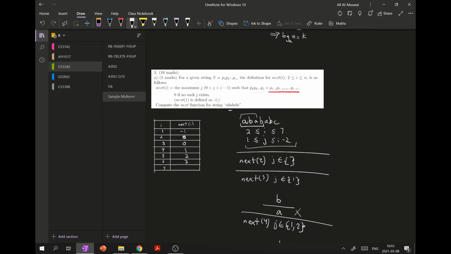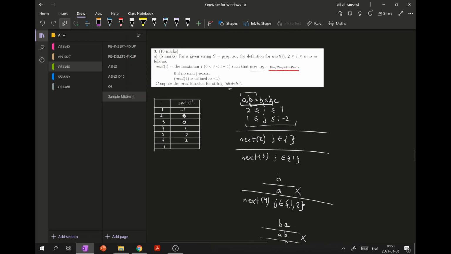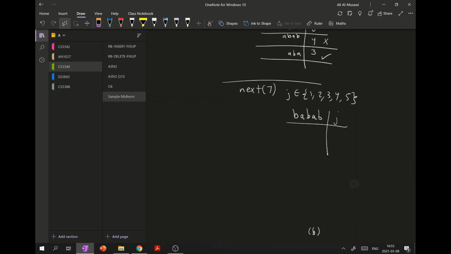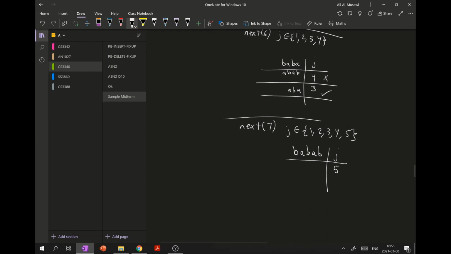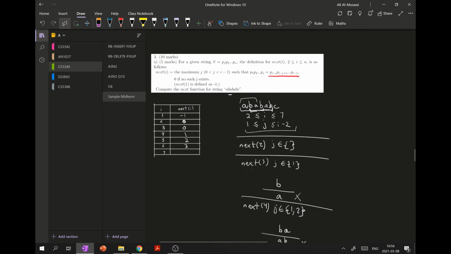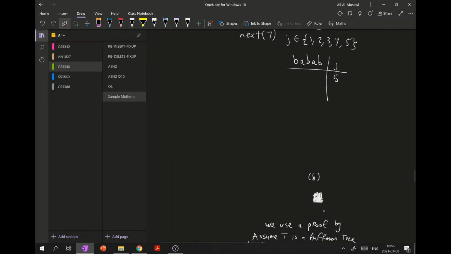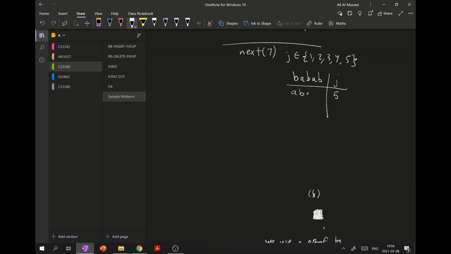So start from B up until i minus 1, so up until P6. Alright, so this is the string that we compare against, and I have my j's. I start with the max j, which is 5, and then I take the first 5 letters of my original string. The first 5 letters are ABABA. We see there is no match.